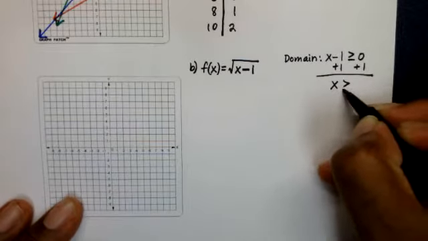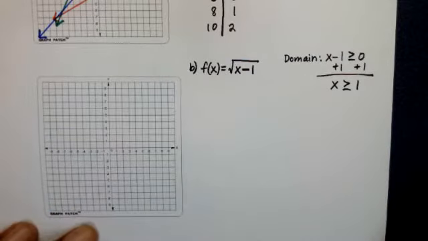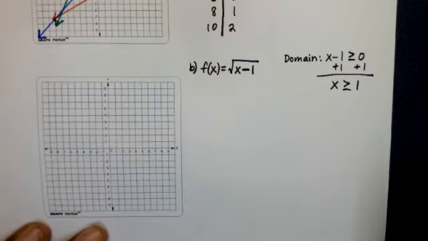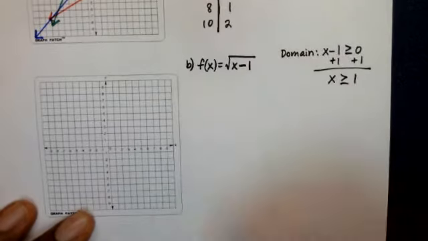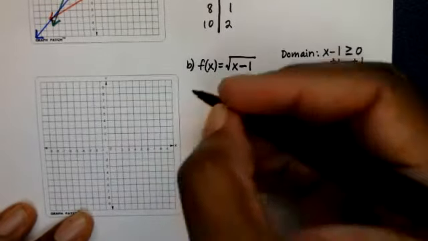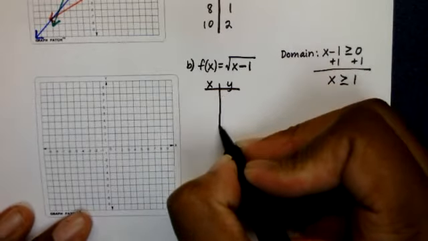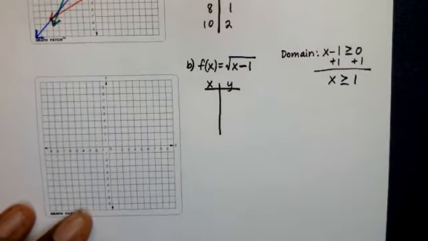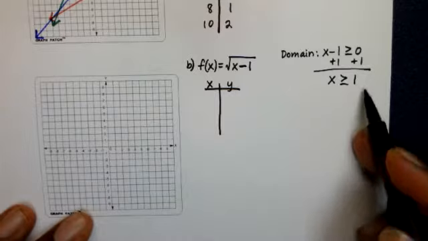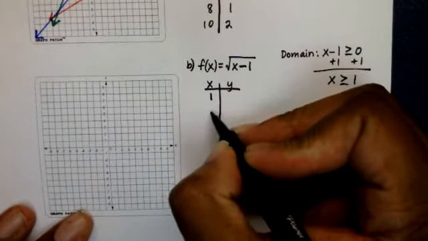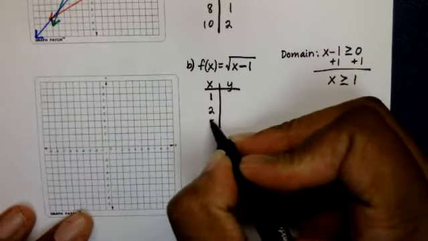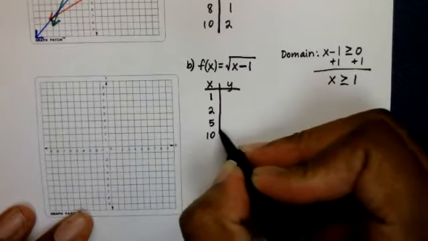That means x is greater than or equal to 1. Okay. So if I create my table of values, I have to pick values of x that are greater than or equal to 1. Let's start with something like 1, 2, 5, and 10.